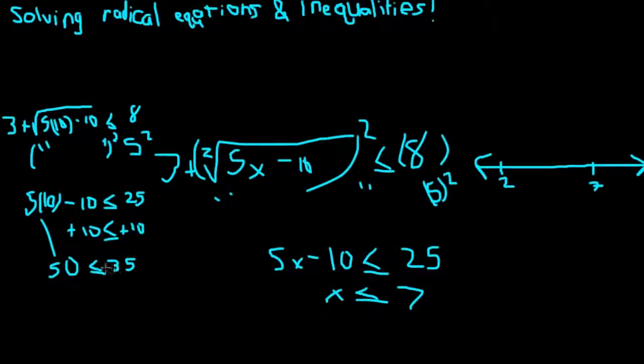So as you can see, this isn't true. 50 is not smaller than or equal to 35, so we can put an x here. And if you do the other two, this one's an x as well, and this one's the one that works. So you just have to have that. And that's how you know. It should be in here.